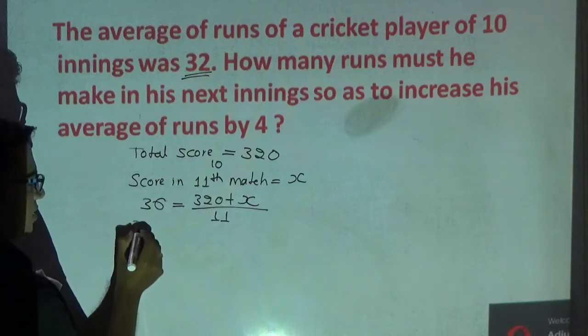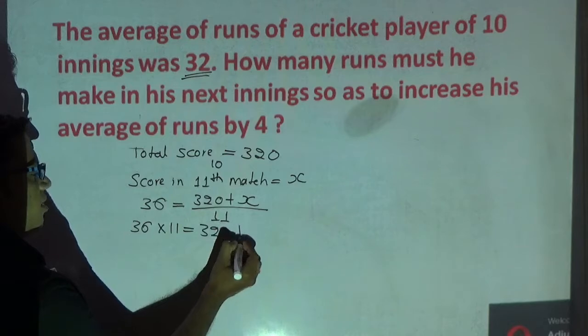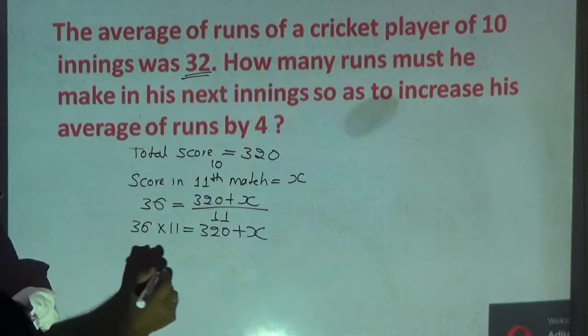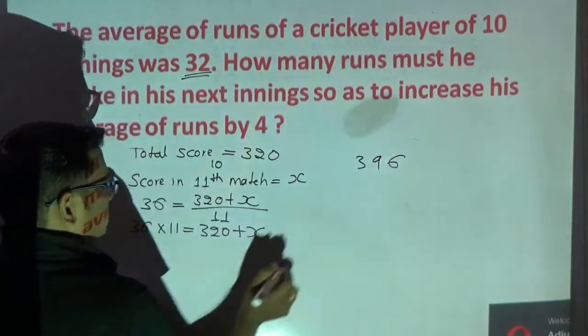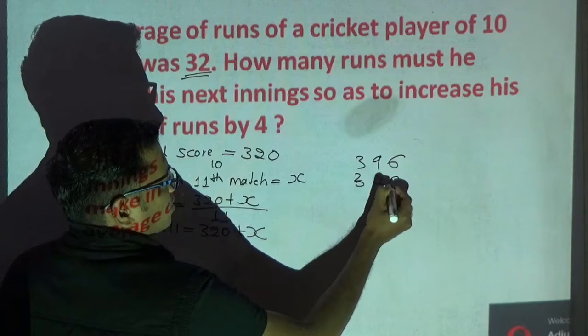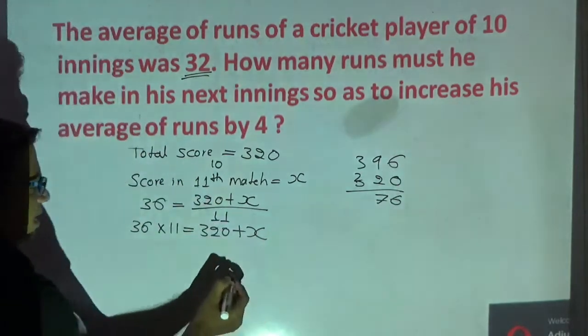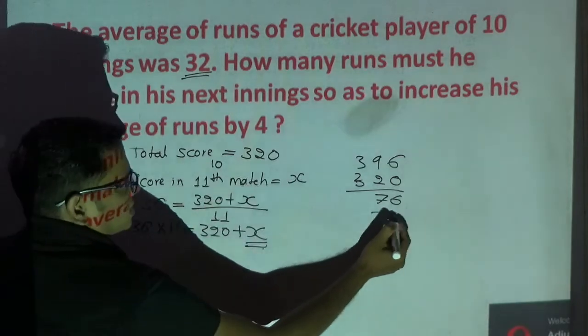Now simplify this. 36 into 11 will be equal to 320 plus x. 36 into 11 is 396. If 320 goes inside, minus 320, that should be equal to 76. The score x, the score in the 11th match, is 76.